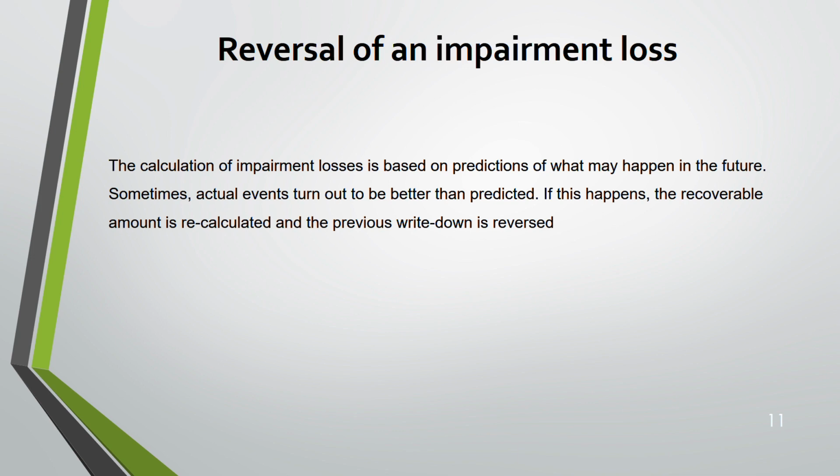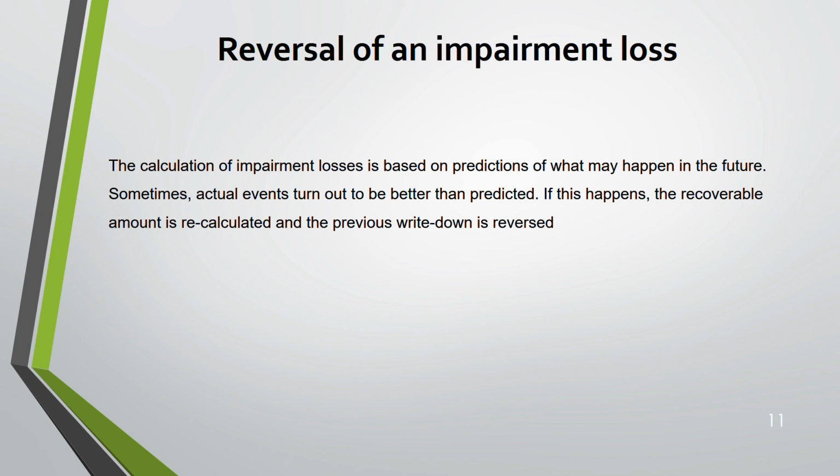We are calculating the impairment loss today, predicting what may happen in the future. But actual events may turn out better than expected. So in that case, what happens? You need to recalculate the recoverable amount and the previous write down is reversed.